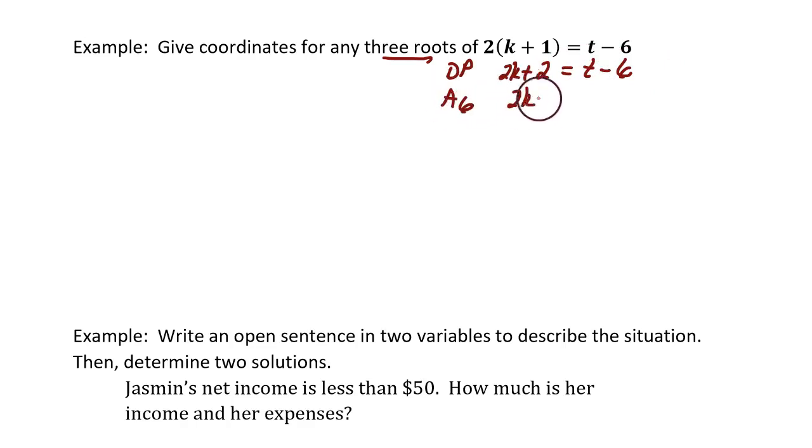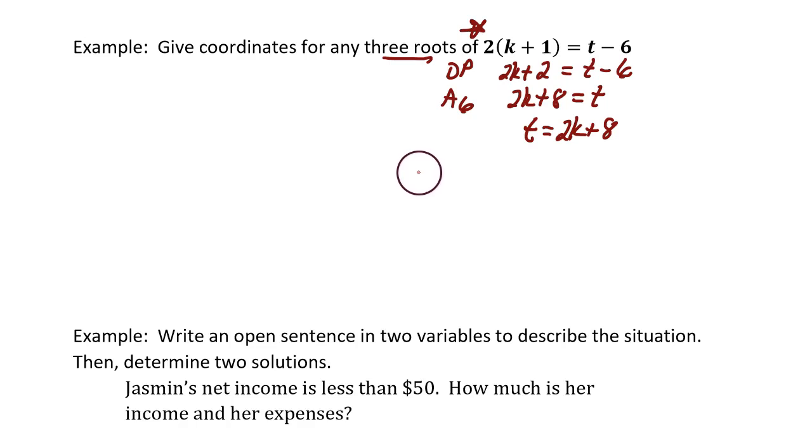This makes 2k plus 8 is equal to t. If it bothers you that the variable is alone on the right side, then apply the symmetric property and exchange the sides of the equation. This equation is equivalent to the original, but it has been solved for t in terms of k.